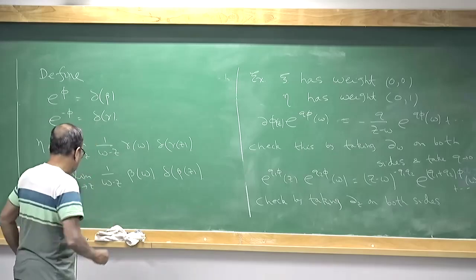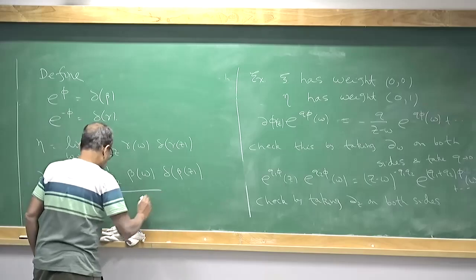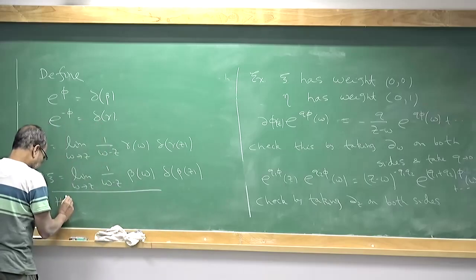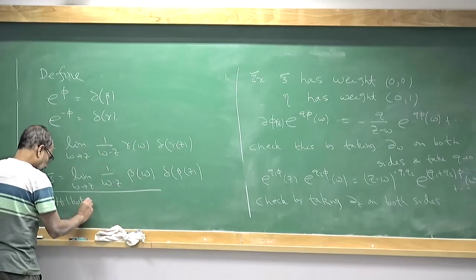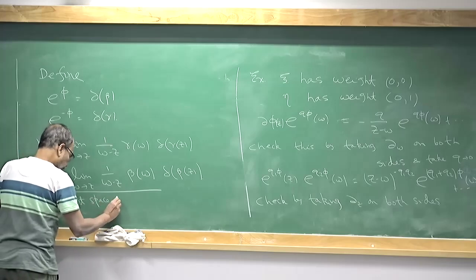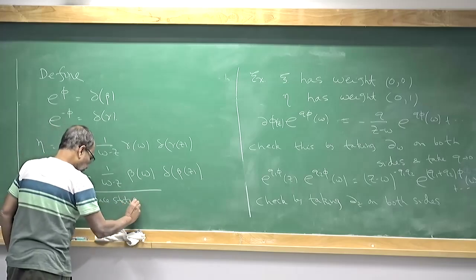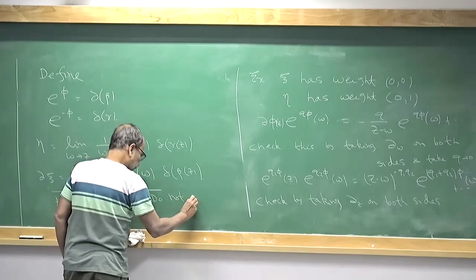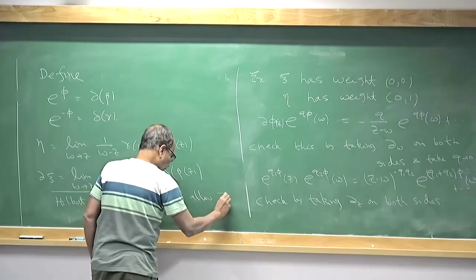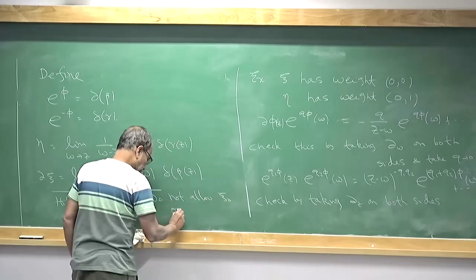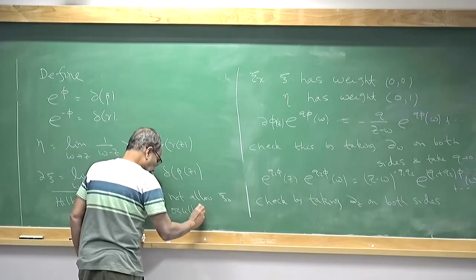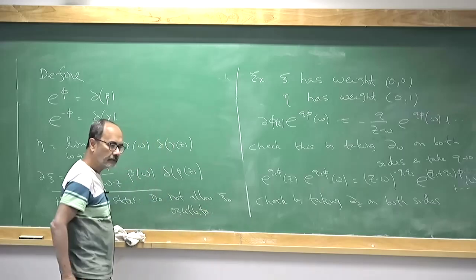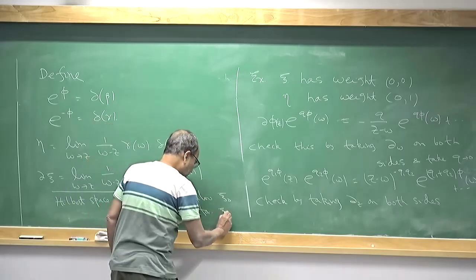The point is, in terms of Hilbert space states, do not allow the xi 0 oscillator. The point is xi 0 on the vacuum is not 0.